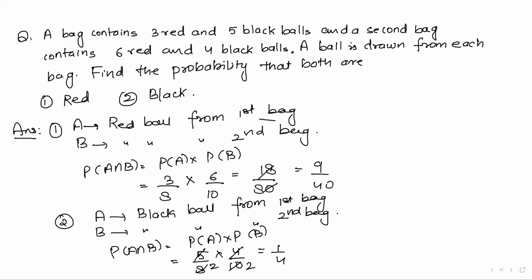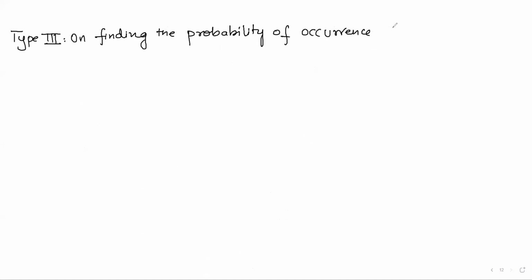Done, sir. Okay, great. Now the next type is on finding the probability of occurrence of at least one event for independent events.